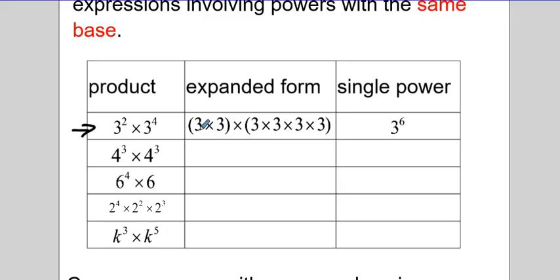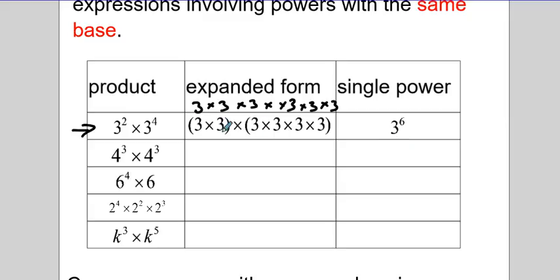You have a bunch of 3's being multiplied. Yes, we have brackets, but this is really just a multiplication. How many 3's do we have multiplied? 6, yeah. So we can write it as a single power, 3 to the power of 6.